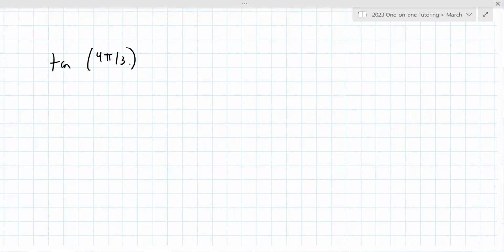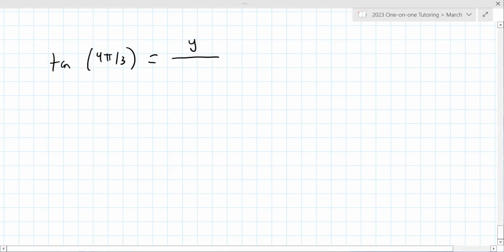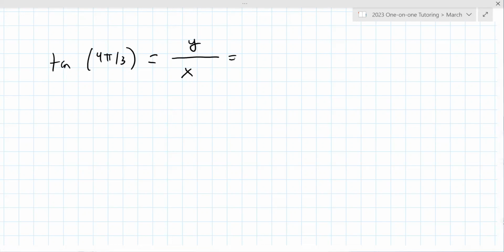Wait, I know the tangent's always positive in this quadrant. It is. But you got to do the y over the x, and it does work out. That's a good check though. It's like, wait, did it actually work the way I think it should? Yeah.